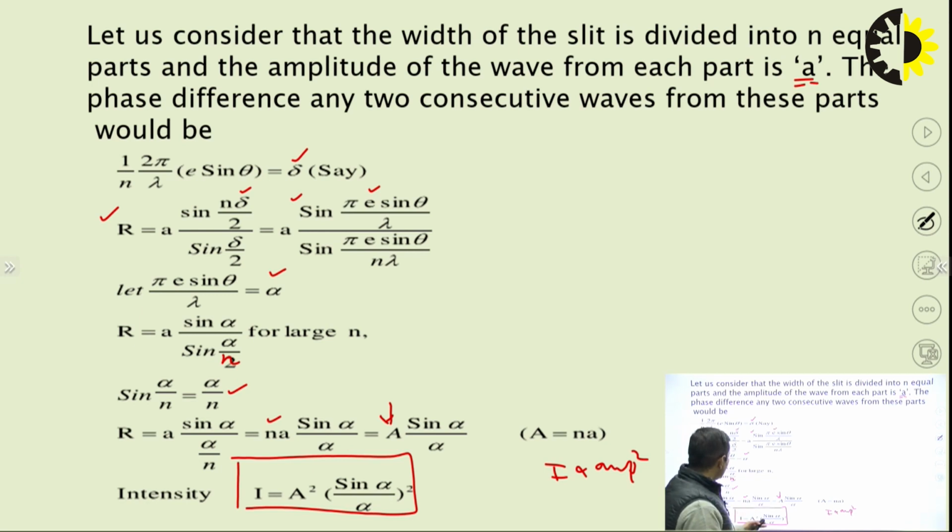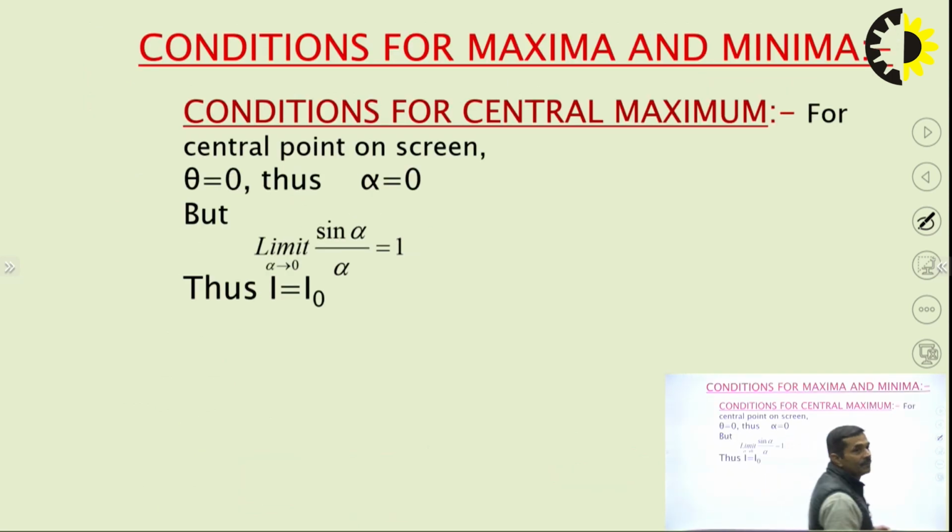That means the value of intensity will be different at different points. It depends upon the angle of diffraction, because it depends on alpha, which depends on theta. If you want to find the condition for the maxima and minima, where intensity will be maximum and where minimum, that depends upon the angle of diffraction.